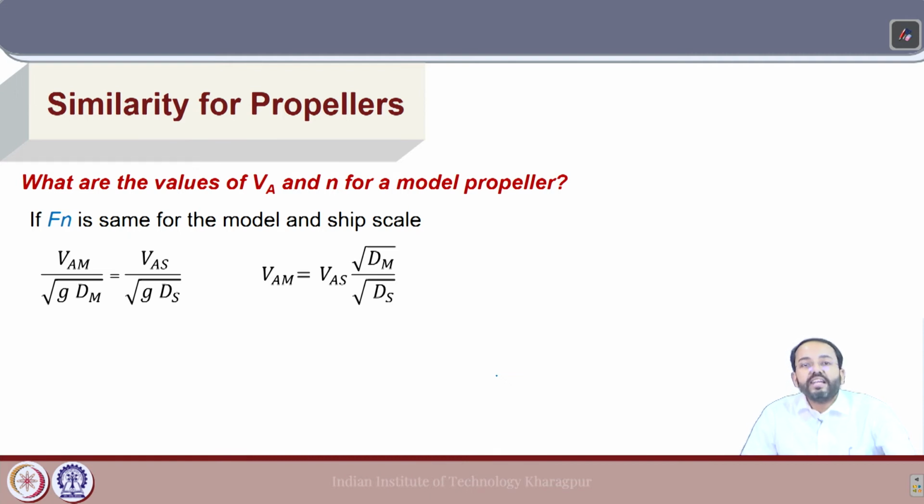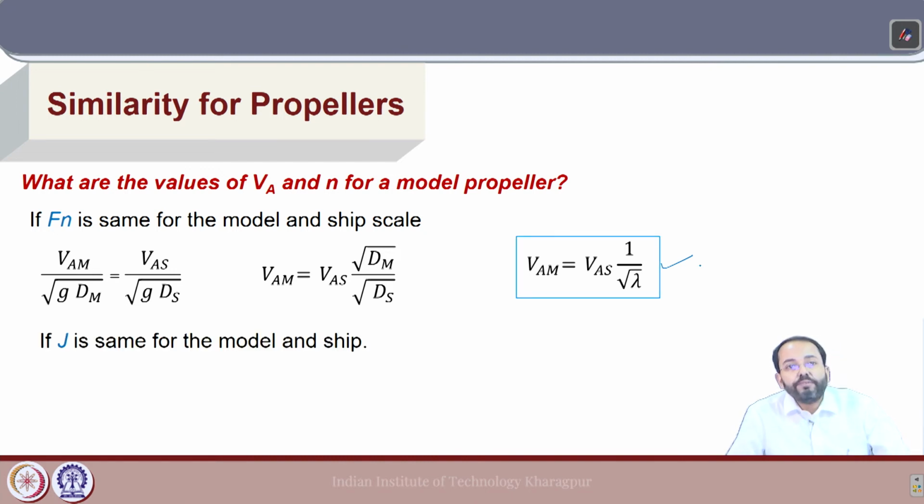So, we get this relation between velocity on the model and the full scale as a square root of the ratio of the diameters between the model and the full scale. This gives the ratio between the model and full scale velocity as 1 by root lambda. So, the model scale velocity is the full scale divided by the square root of the scale ratio.